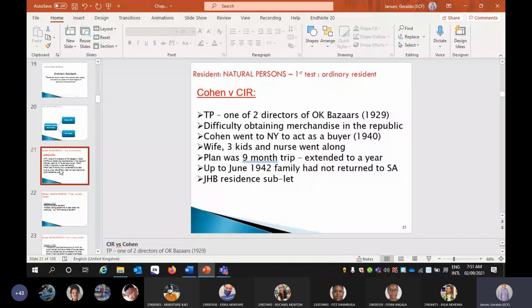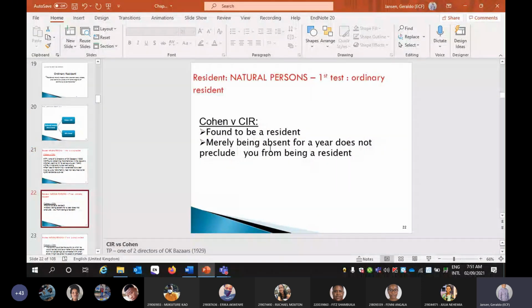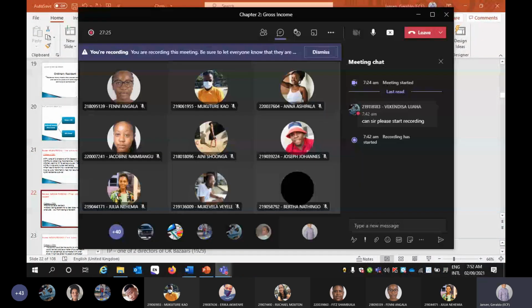Now, guys, remember, for tax purposes, we are not looking at whether you are ordinary resident or not, basically what we are looking for is whether you are resident. Remember, in the tax act, we are only talking about a resident. We don't distinguish between ordinary and non-resident, all of that.